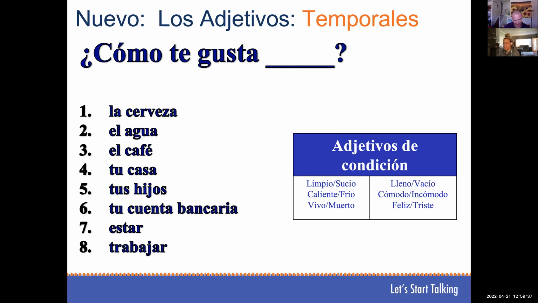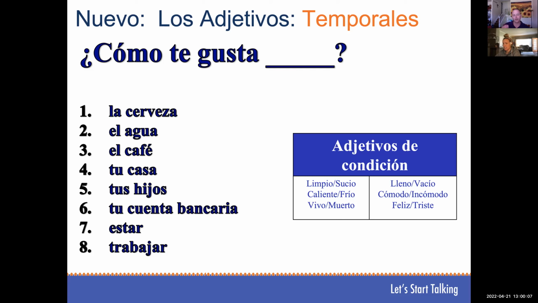No tengo hijos. ¿Cómo te gusta tu cuenta bancaria? Bancaria. What is that? My bank account? Muy bien. Cuenta? Yes, okay. So me gusta mi cuenta bancaria. What would llena? Llena, muy bien. Llena.